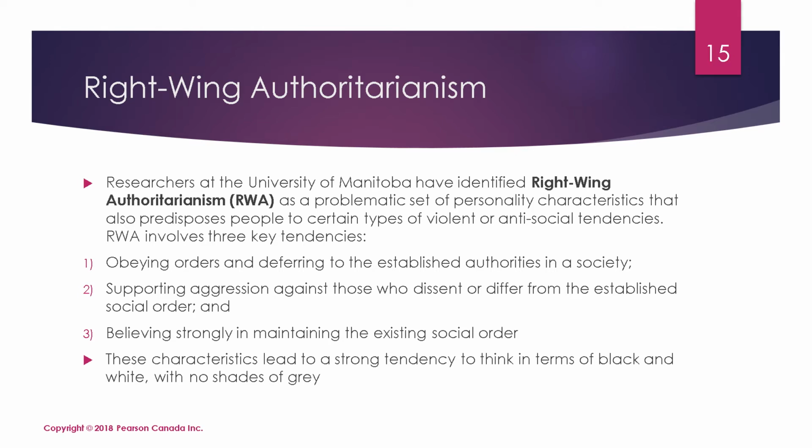People who have these characteristics tend to think in terms of black and white with no shades of gray. So if you committed a crime, that's it, you're guilty, you should be punished. There's no gray area, there's no justification or reasoning. You step out of line and you should be punished for it, and that's all there is.